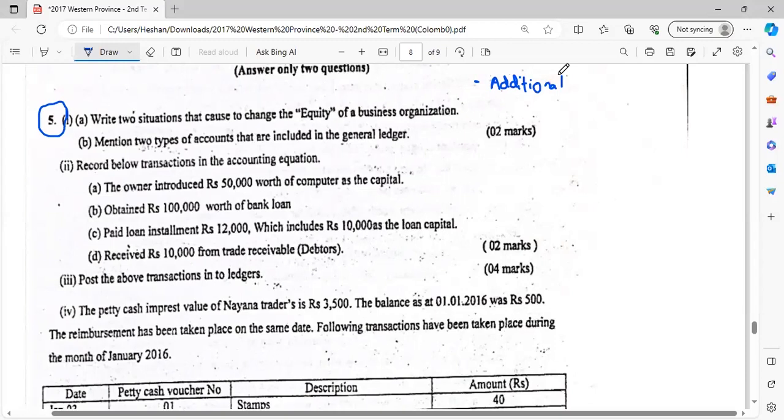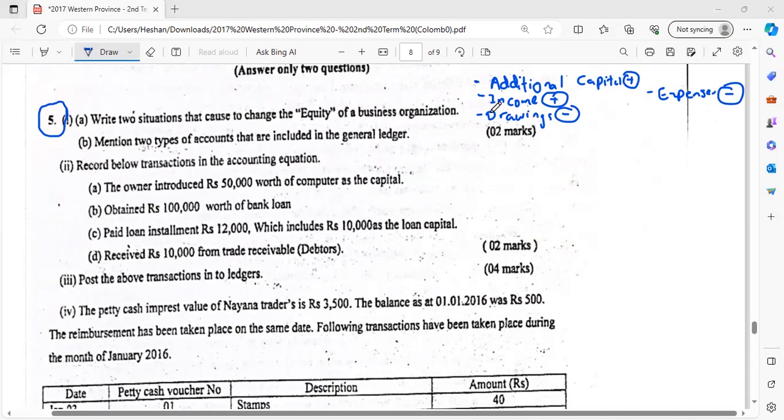Other than that, income, drawings, and the other one is expenses. Additional capital increases, income also increases, drawings decrease, expenses decrease. These things are the causes of change in the equity.